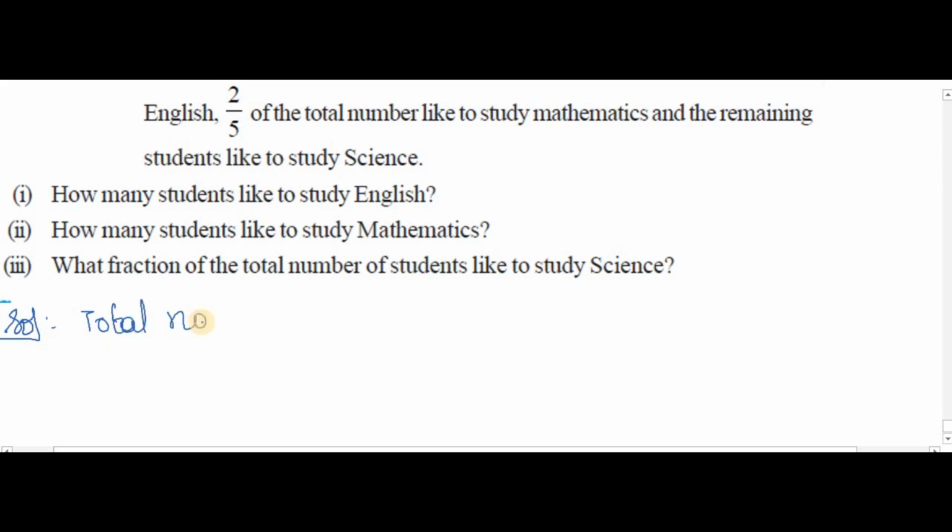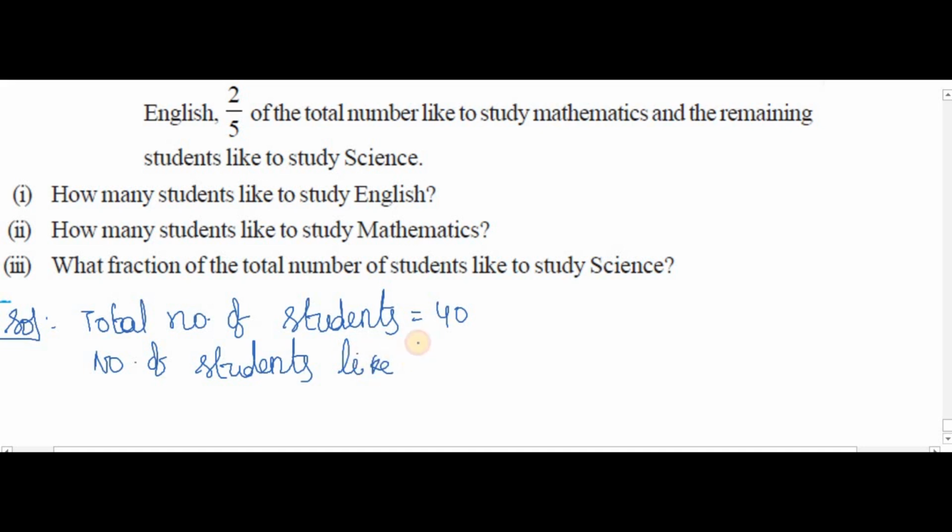Total number of students is equal to 40. Number of students who like to study English is equal to 2/5 of 40.